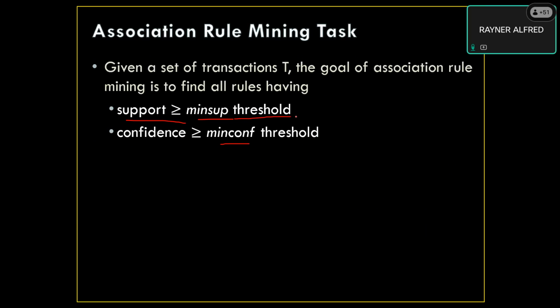So these two are the values that we use to reduce the number of rules, and we only highlight the high values for support and confidence.